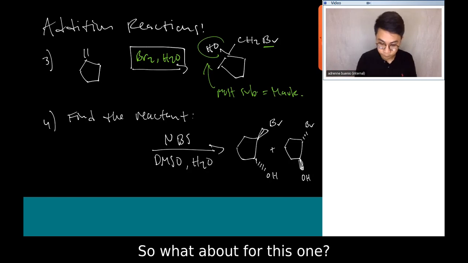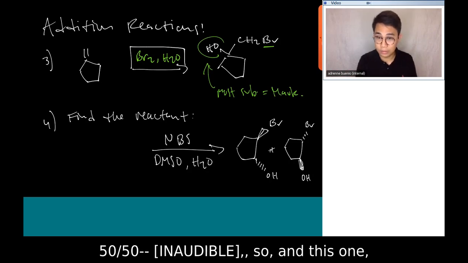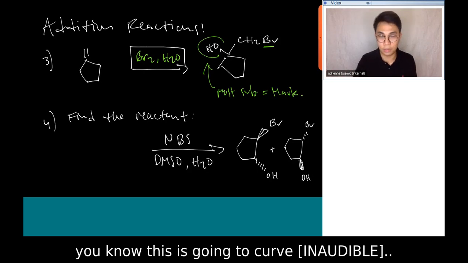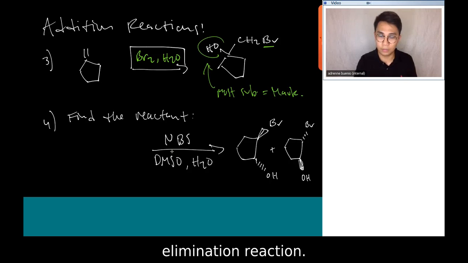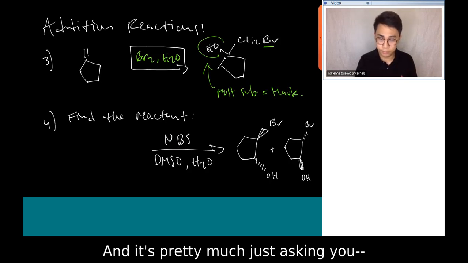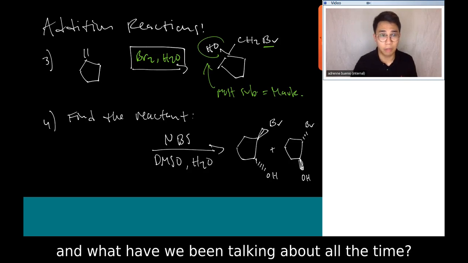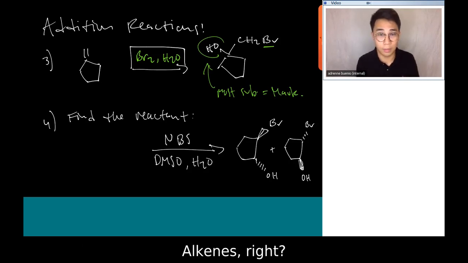So what about for this one? This one made both these 50-50 racemic. This one, this kind of curveball, I kind of threw this at you, but this is just a regular elimination, right? Elimination reaction, and they're pretty much just asking you, and what have we been talking about all this time? Alkenes, right?